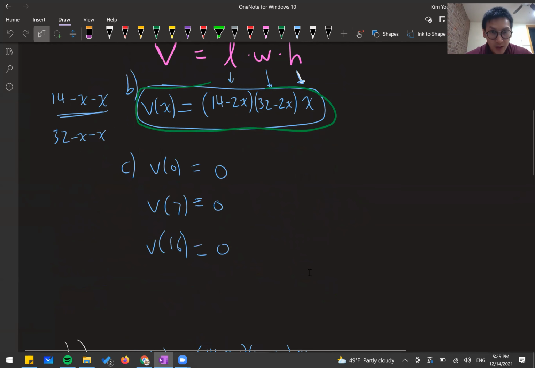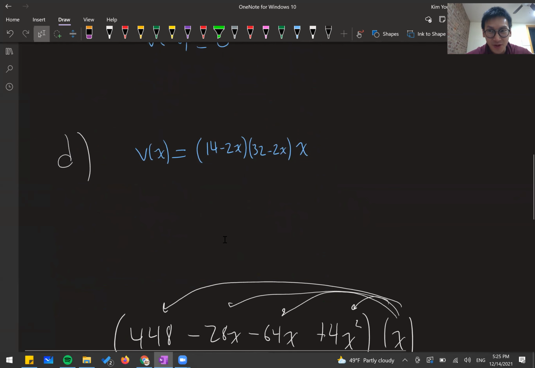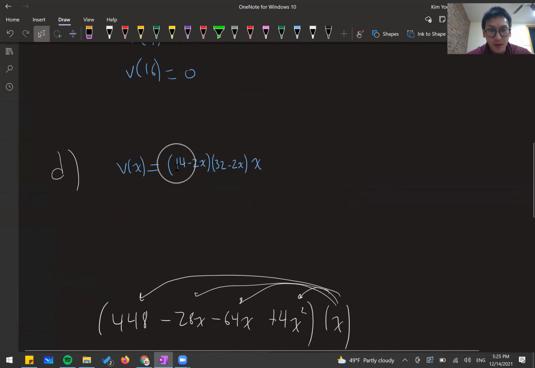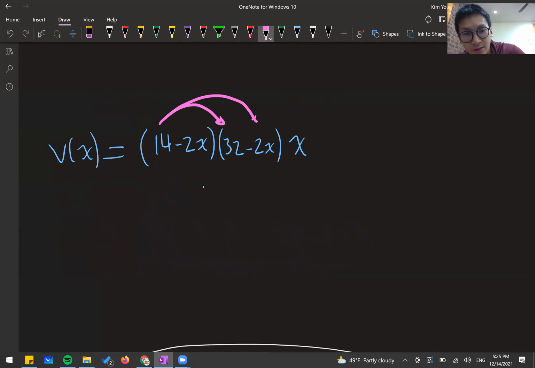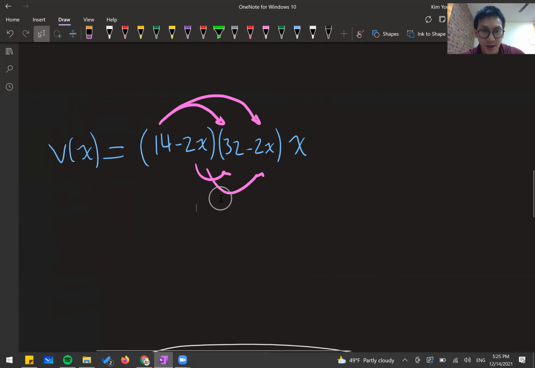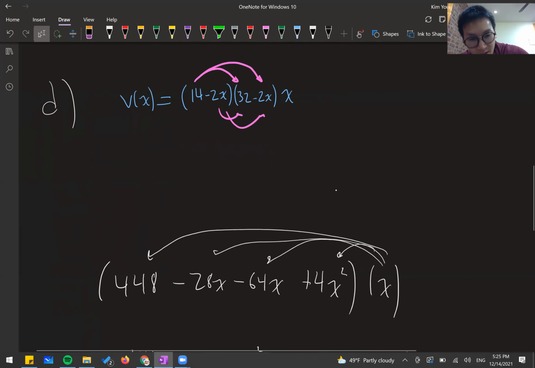So the work was done in class, period 2. Shout out to you. Here, you're going to distribute this 14 to this 32, then this negative 2x, and so on. So you're doing this first, and you're going to end up getting this thing in pink.